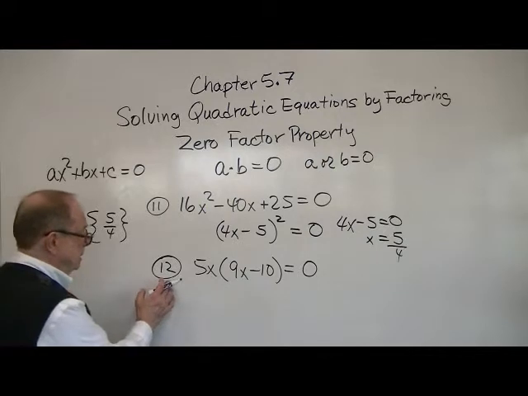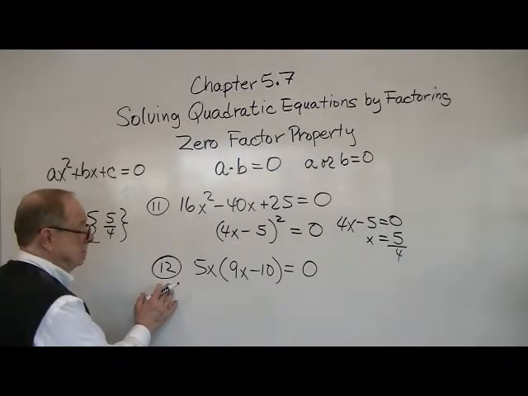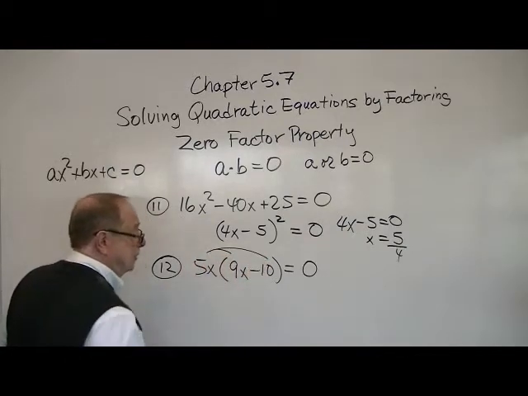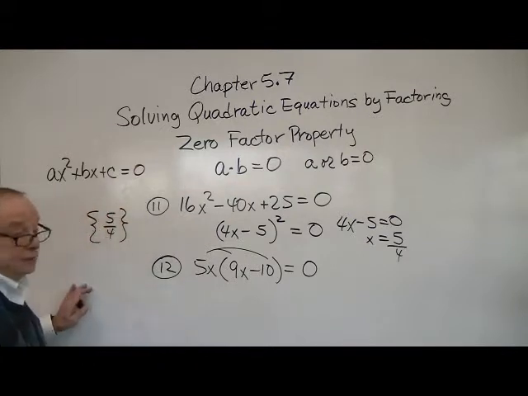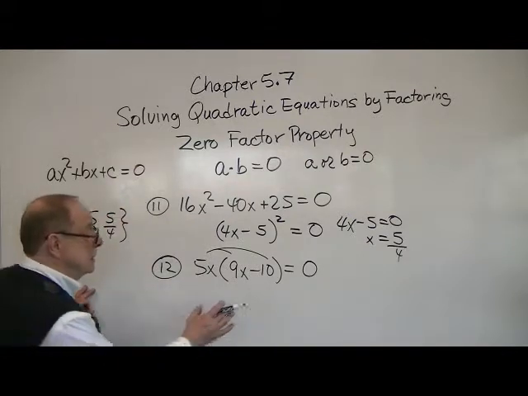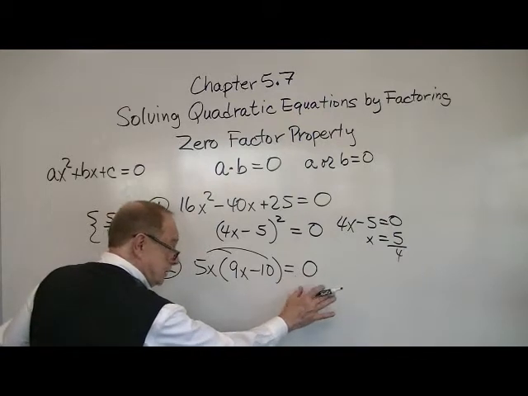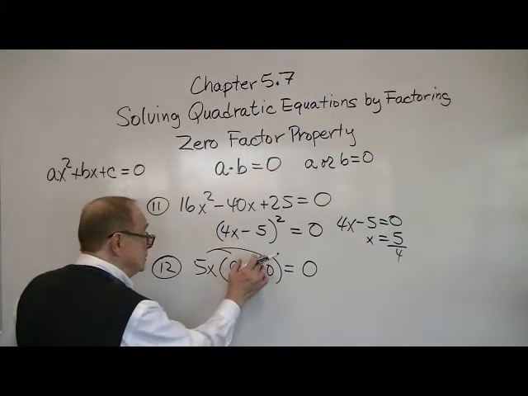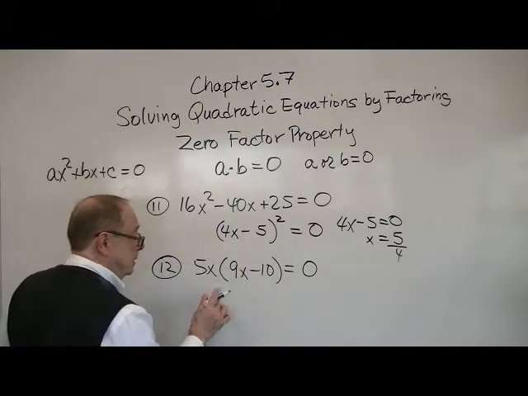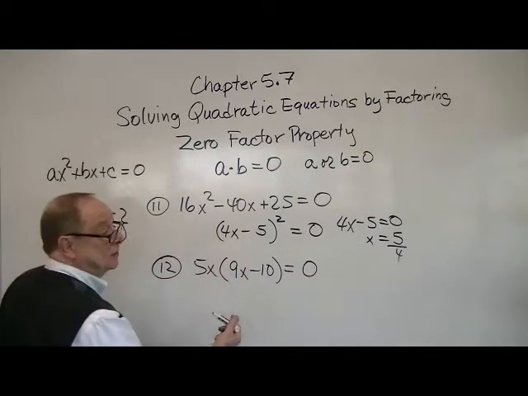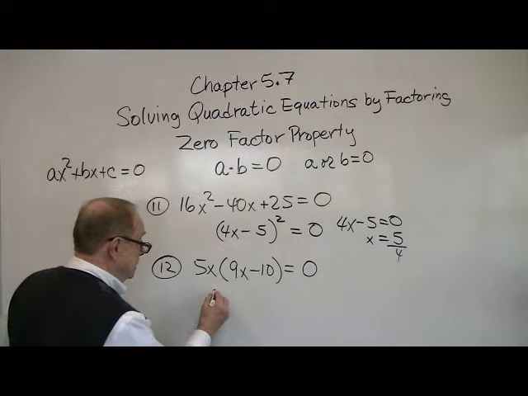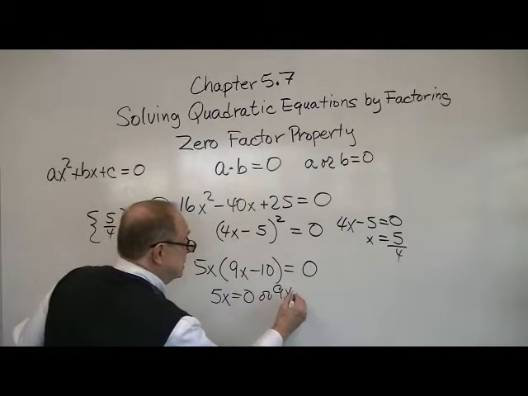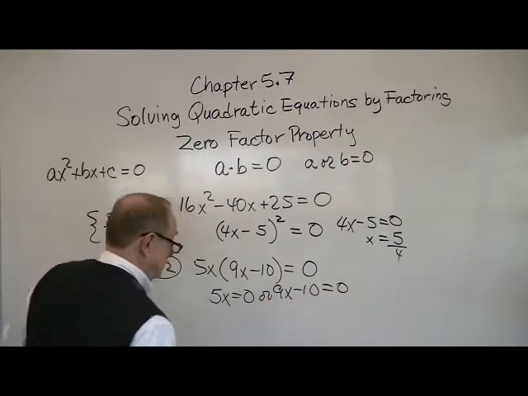Now as we look at number 12, and you might say, well, the first thing I'm going to do is distribute that. Well, the answer is no, don't do that, because it is 0 on that side is what you want, and these are factors. So it's this times this, so you don't distribute. You leave it like that, otherwise you'd have to factor it. It's already factored. So 5x equals 0, or 9x minus 10 equals 0.